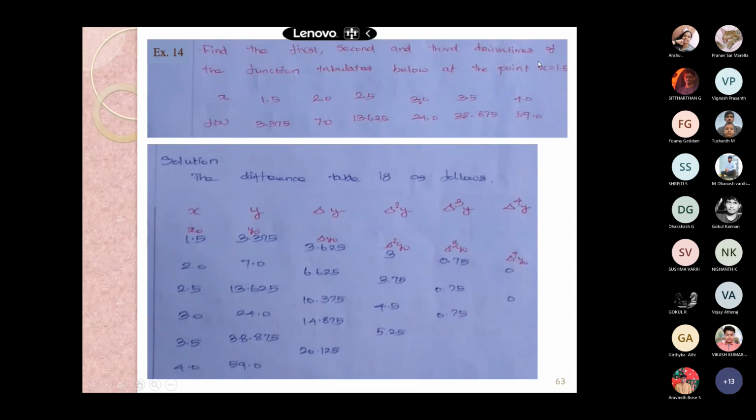Here the focus is x as 1.5, so we need to be conscious of the beginning. The beginning has to be taken as x naught, y naught, delta y naught. If the data is nearer to the end point, we need to depend on the backward interpolation formula, and the respective data has to be taken from the bottom.